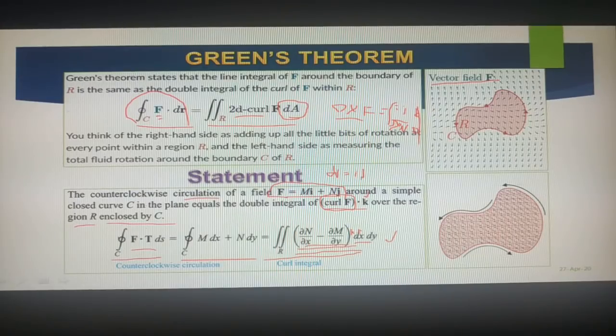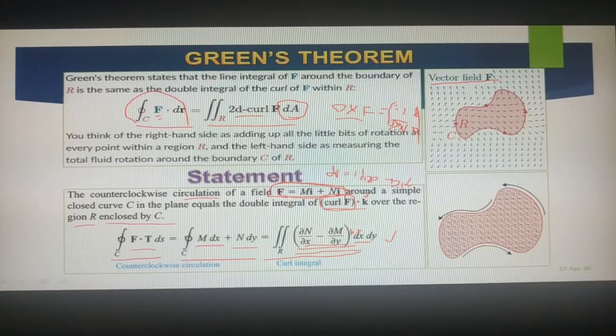When I multiply i dx plus j dy with this vector field, that is M i plus N j, what do I get? i dot i value will be 1, so I get M dx plus N dy.